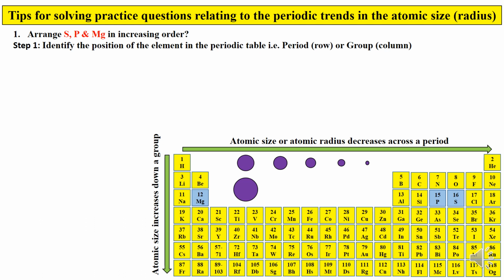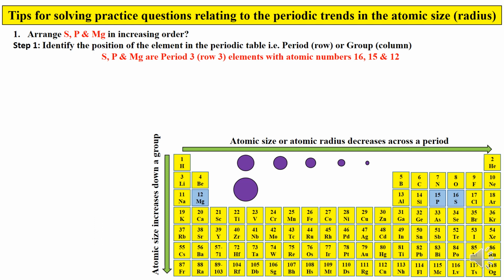So step 1. Here the question is, arrange sulfur, phosphorus and magnesium in increasing order. So how do you approach this particular question? Step 1, you have to first identify the position of the element in the periodic table. First you have to identify which period or which particular group the given elements belong to.